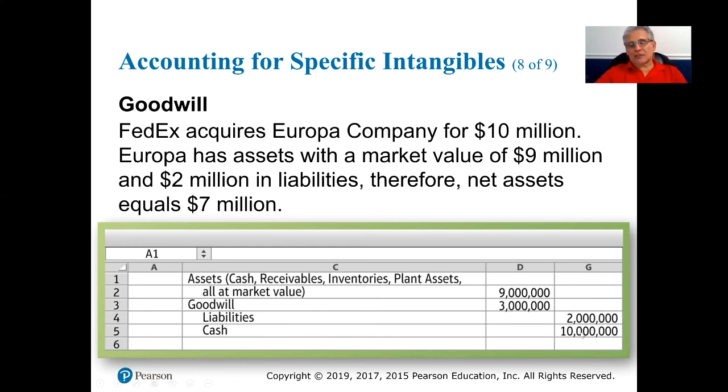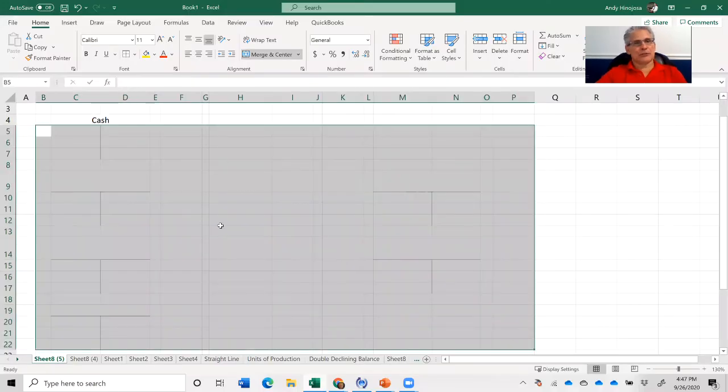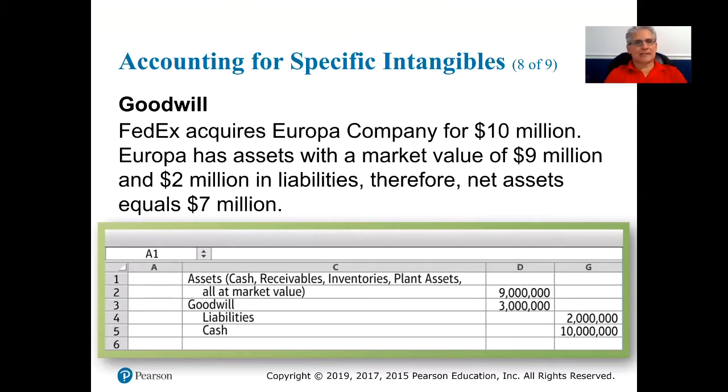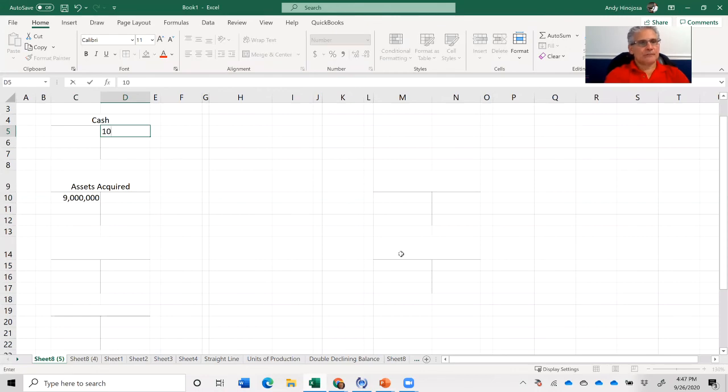We gave up cash of $10 million. So on the right side, we have $12 million of credits. So far, we only have $9 million in debits. Well, that's where the $3 million comes in for goodwill. So the way this looks for the purchase, the assets acquired are $9 million. The cash we gave up was $10 million.